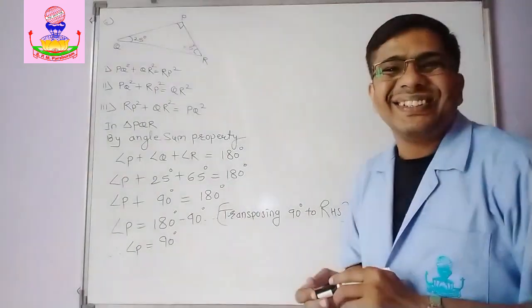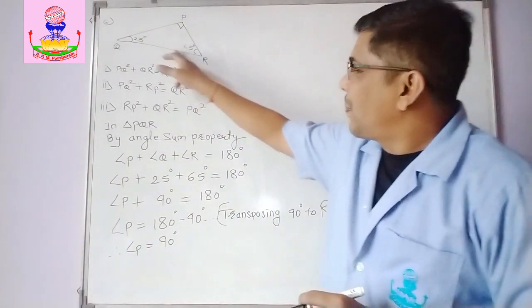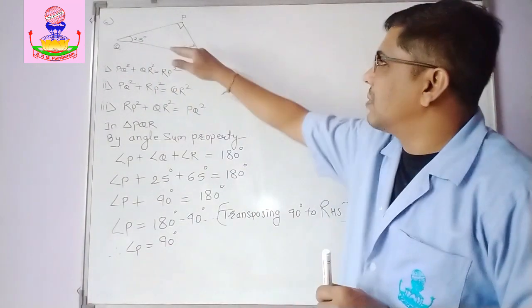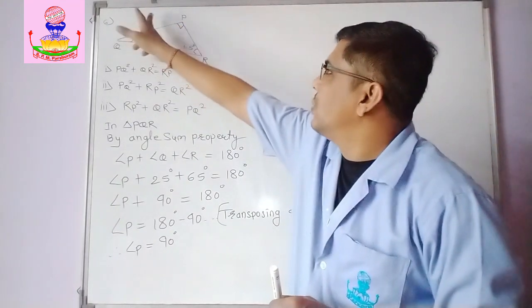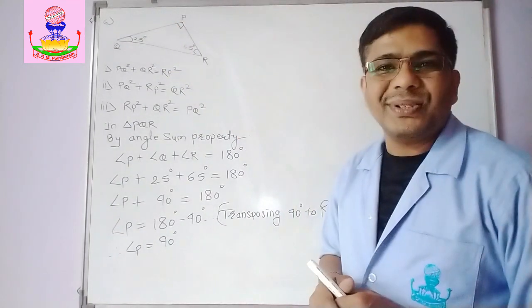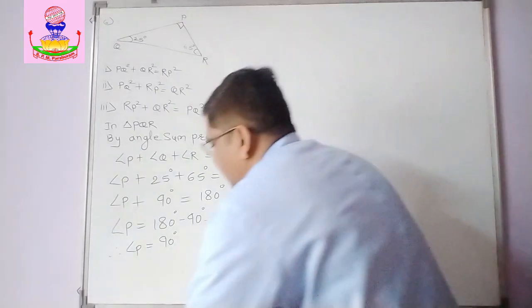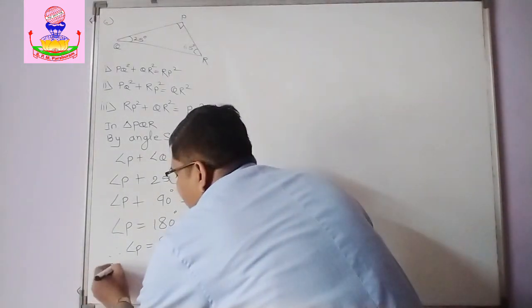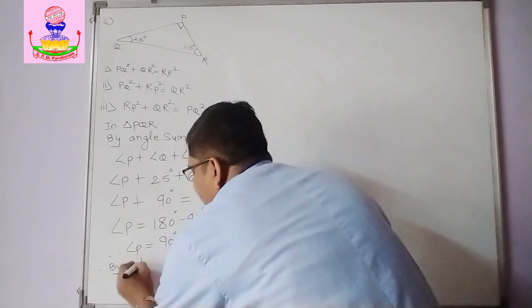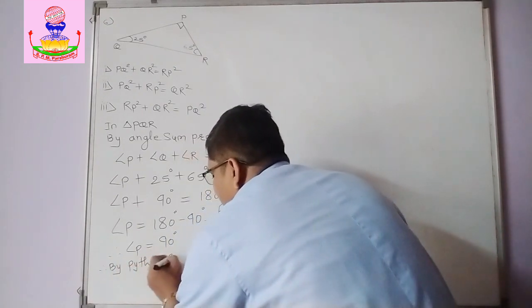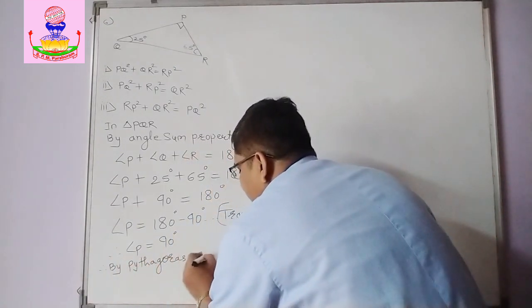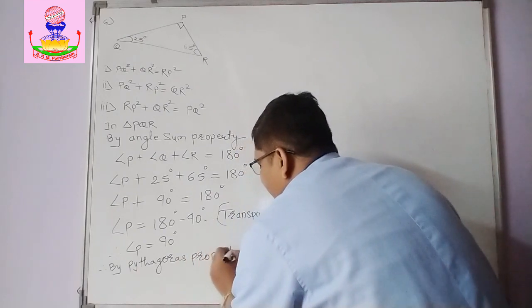So this angle is right angle. So which is the hypotenuse? QR. So you should have QR square is equal to PQ square plus PR square. So by Pythagoras property, which one is correct?